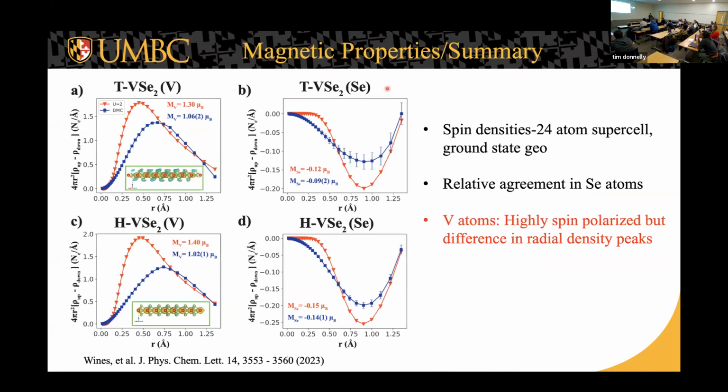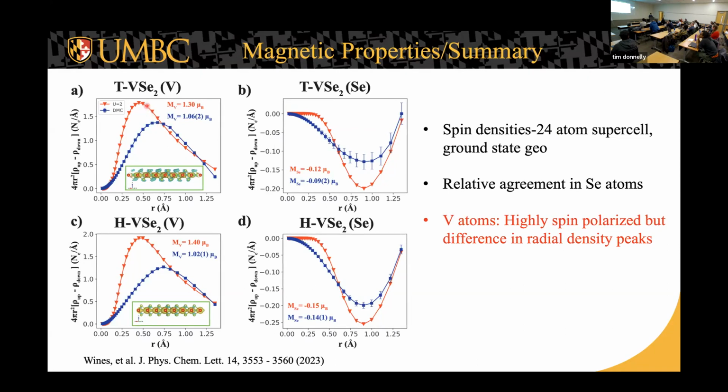So what we have done, we got a supercell consisting of 24 atoms here, and then we compare our spin densities here. What we are seeing is generally we have a minor negative spin direction in the chalcogenides here. It's a minor value, so we can say, hey, it's close with the DFT functional, but for the DMC part and on the transition metal atom, we see huge differences here.